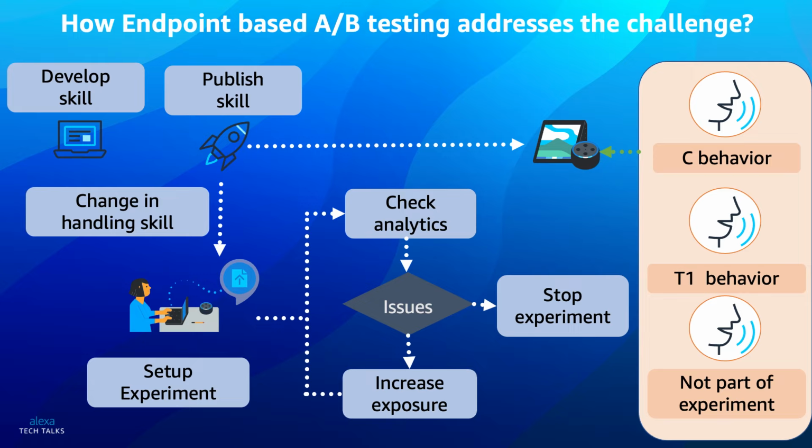If you observe the metrics and find the new experience leads to customer friction, you can stop the A/B test at any time. If you're happy with the A/B test at 5% of the actual traffic, you can decide to increase the traffic exposure to the new iteration slowly or even just dial up the new feature for all 100% of your customers.